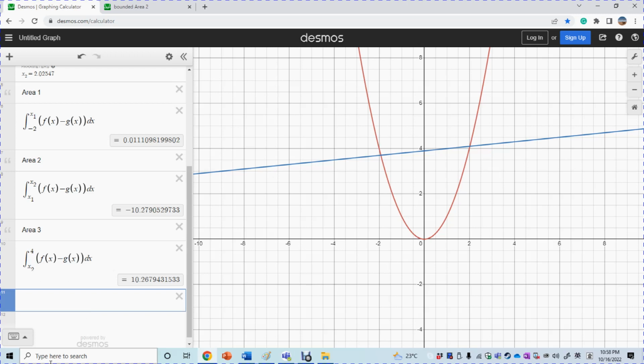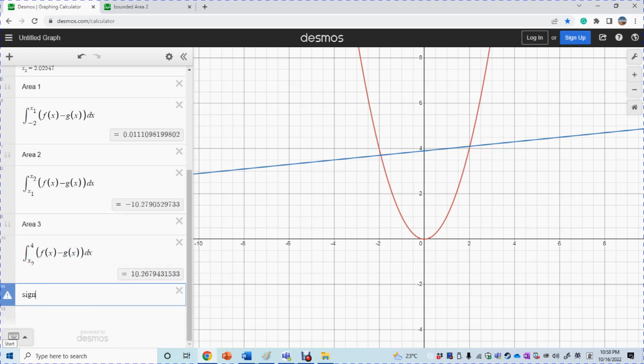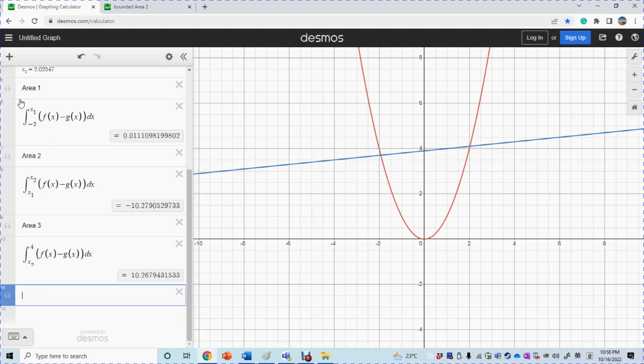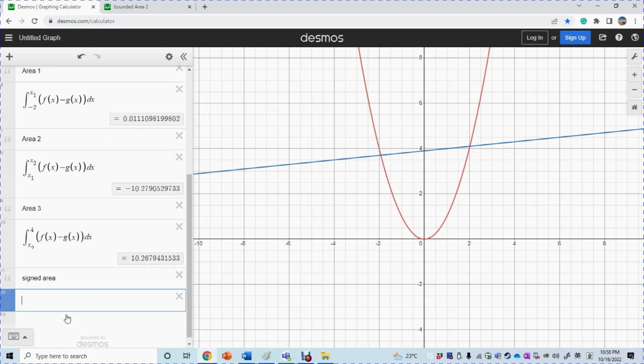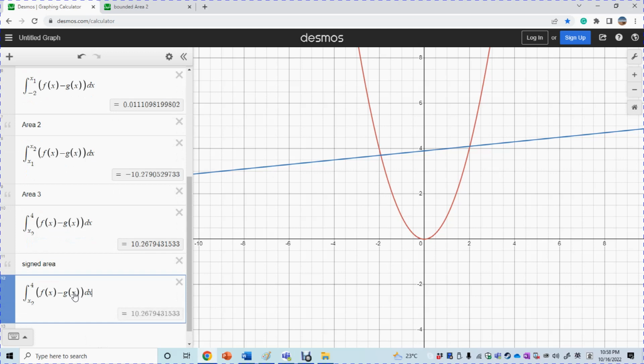How can we further check that? You can do one more thing aside from the areas. Let me add a note here and do a side area. For the side area, we just integrate. Let me use copy and paste here.